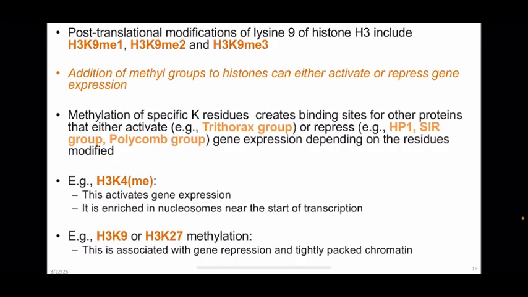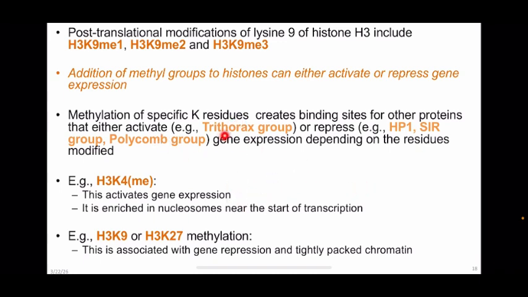So addition of methyl groups to histones can either activate or repress, we've said this. Methylation of specific lysine residues creates binding sites for other proteins. Okay, and this is what we'll mostly be looking at in this part of the video.